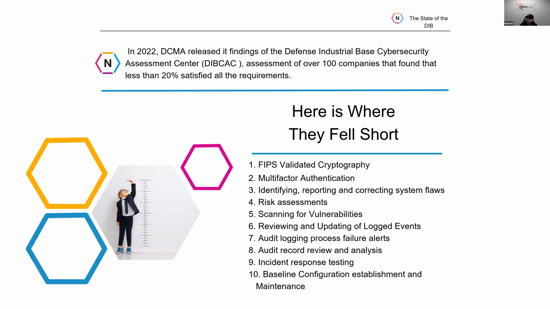And then baseline configuration, establishment, and maintenance. This one's tough. I think one of the chats, from Brent, said that he's starting up a new company and starting from scratch. That's a good way to do it. If you're starting a company from scratch, it's easy to create baselines and then build off of those baselines. But if you're an established company with 100 assets that were all procured at different times and never had a baseline, that's a little tougher.